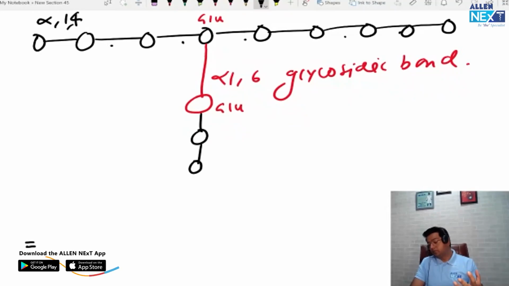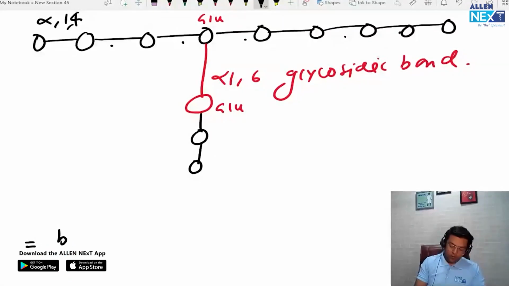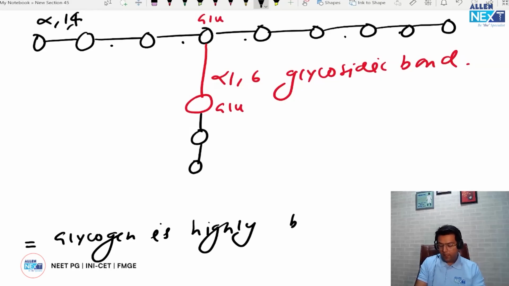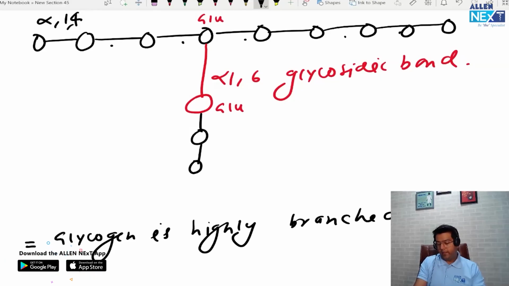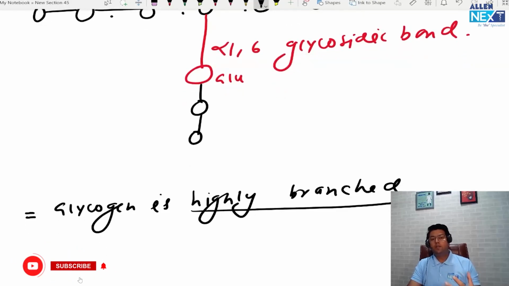Now, the next point is simply, why should we store glycogen? Why can't I just store the glucose? Why do we have to make such a complex structure which is very much branched? Okay, first of all, guys, glycogen is highly branched. When I say highly branched, I'm comparing it with the starch, because glycogen is also called animal starch.